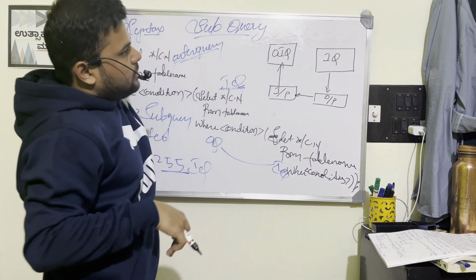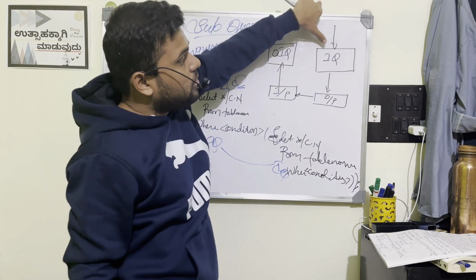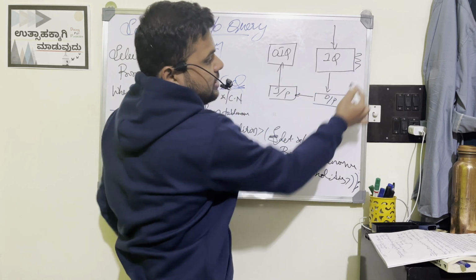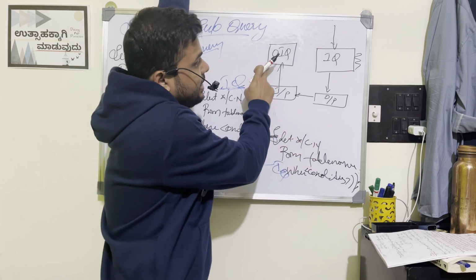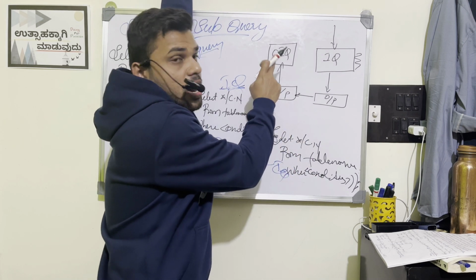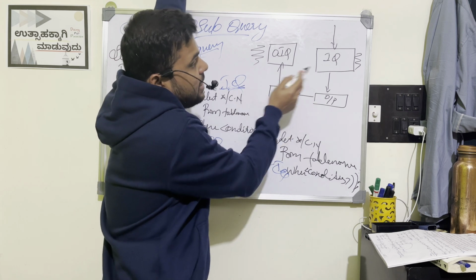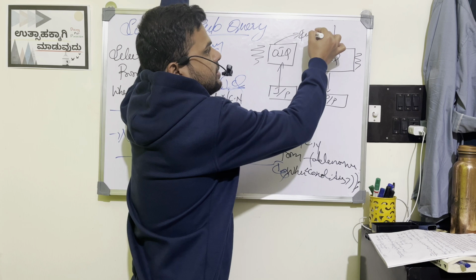See how the subquery works. First, the compiler will give control to the inner query. The inner query will execute based on the condition and generate an output. That output is passed as an input to the outer query. The outer query will execute based on the condition and the input taken from the inner query, and generate the final result.